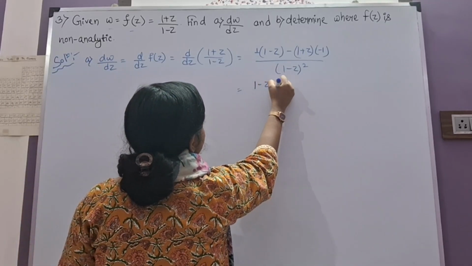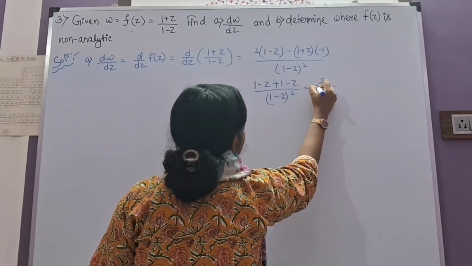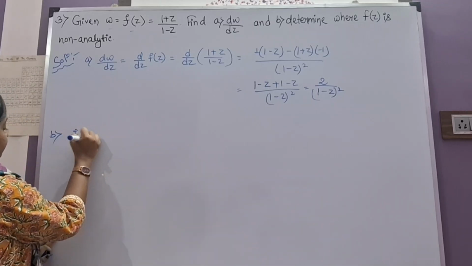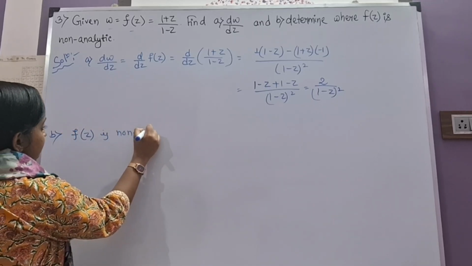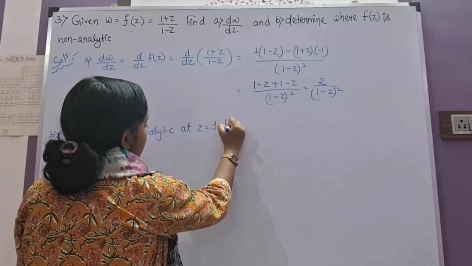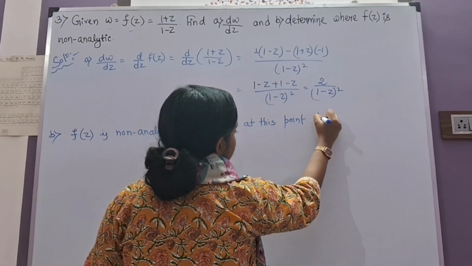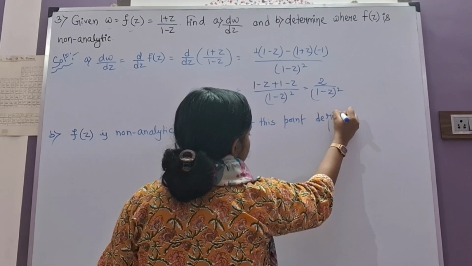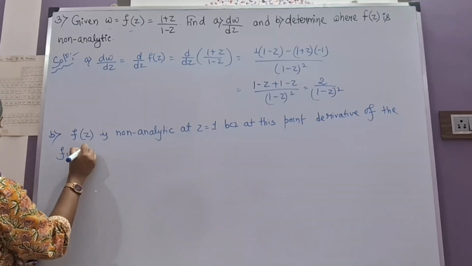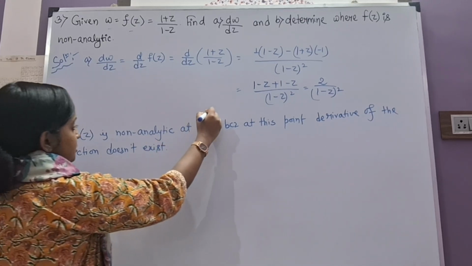So 1 minus z plus 1 plus z by 1 minus z whole square equal to 2 by 1 minus z whole square, and f of z is non-analytic at z equal to 1 because at this point the derivative of the function does not exist. Actually, this is the singular point.